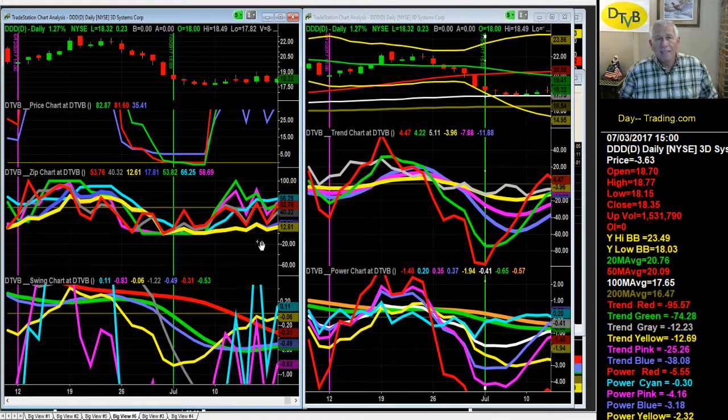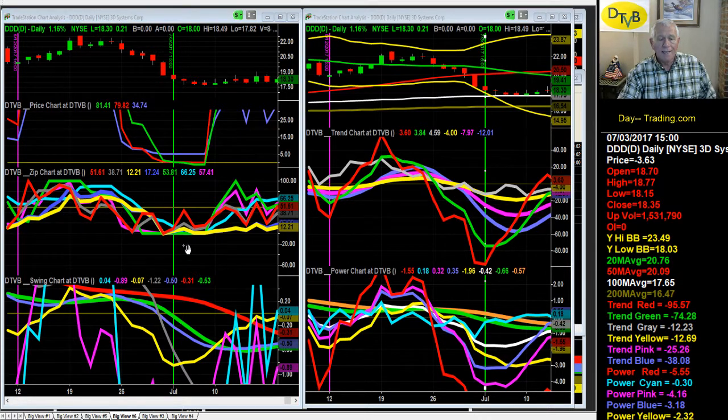Now, by thinking of zip red only getting up to 57, you know there's a lot of pressure pushing value down, simply because zip red could not get up to 70 or 80 or 90 points. So think of those inverse relationships as well when you think about a downtrend.